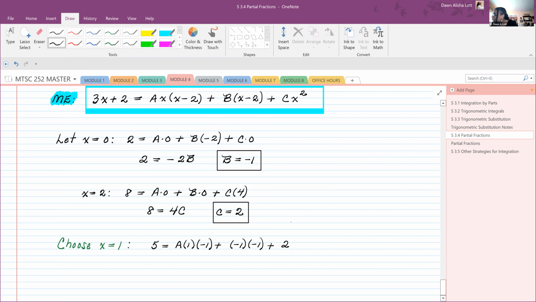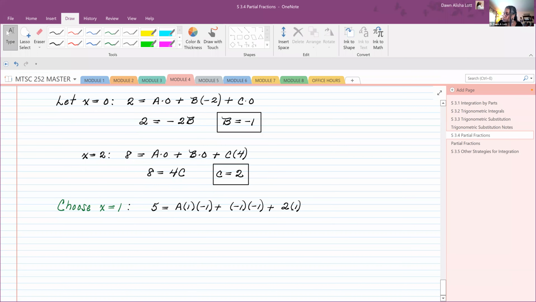And then I'm going to get 1 squared, which is going to give me 1. So now I have 5 is equal to -a plus 3. So a is -2. And now I have all of my variables.